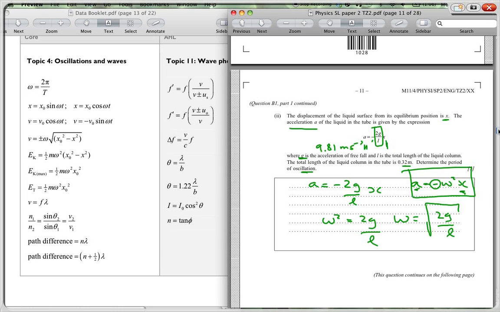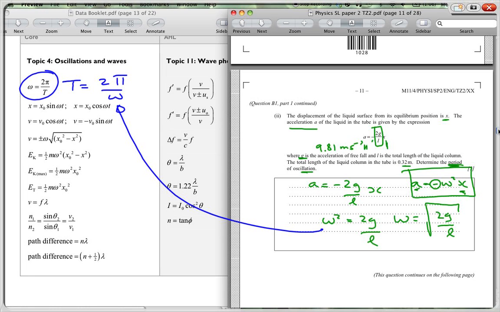And then finally, we are actually wanting to determine the period. And we know that period T is equal to 2 pi over omega. So we'll need to put that into our equation. Once we found omega, we'll need to put that into there and solve. Hopefully you'll be able to do that relatively easily.